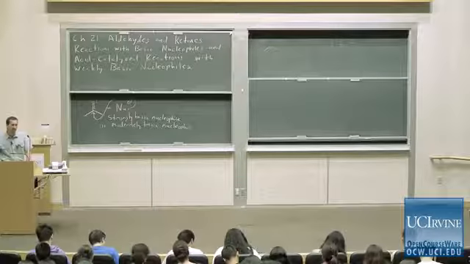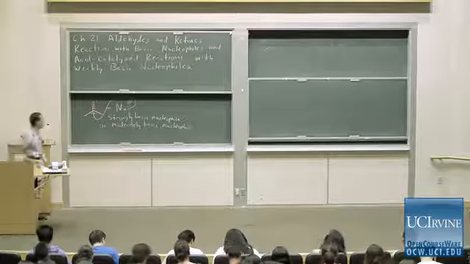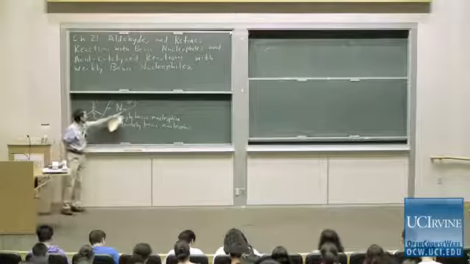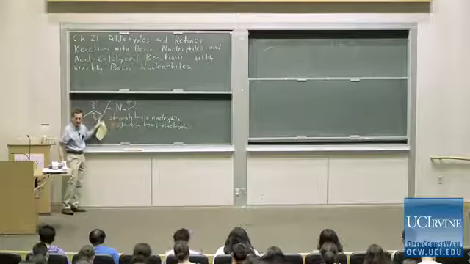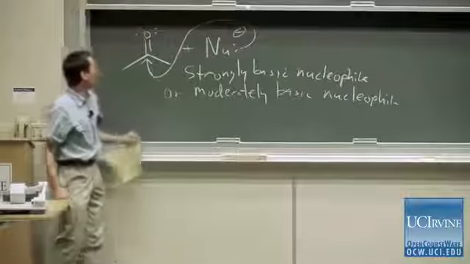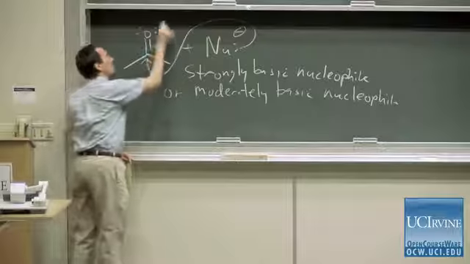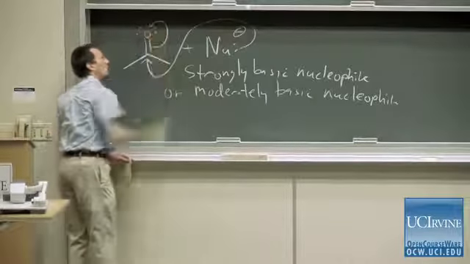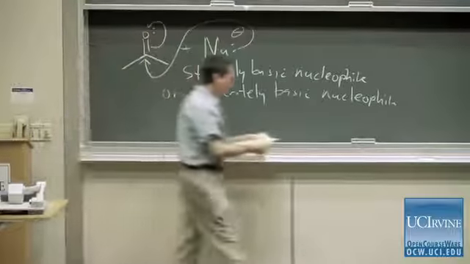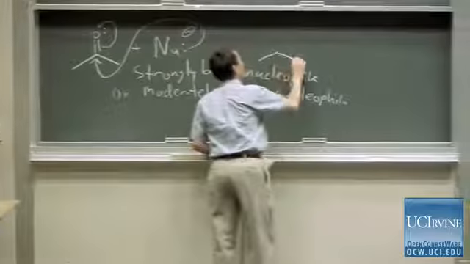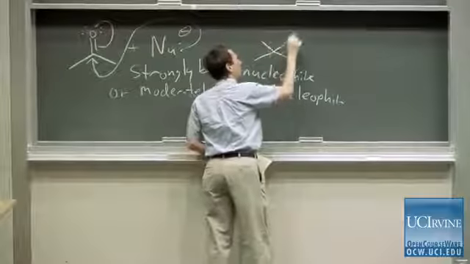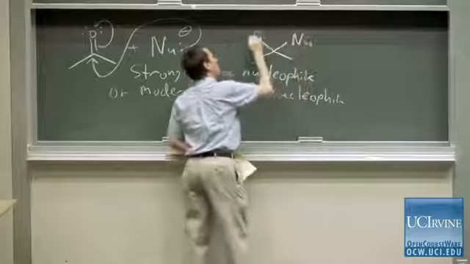You can't have 5 pairs of electrons around a carbon, so as the nucleophile is approaching the carbon, electrons are flowing up onto oxygen. And the overall result now is that we have an alkoxide anion.